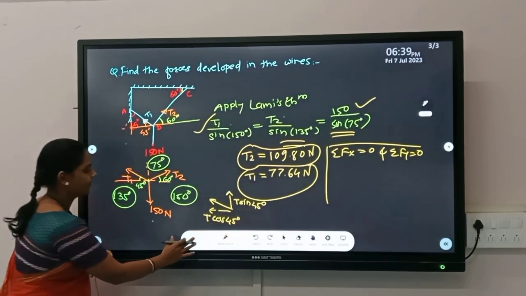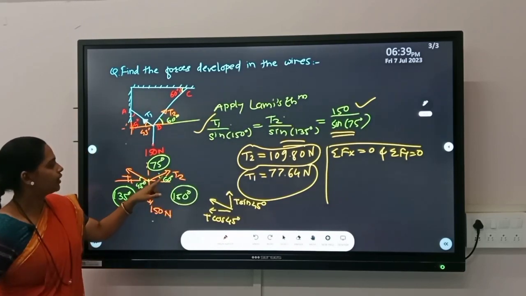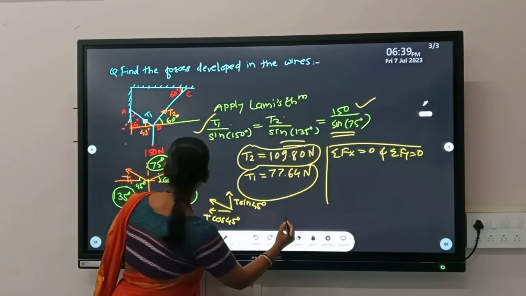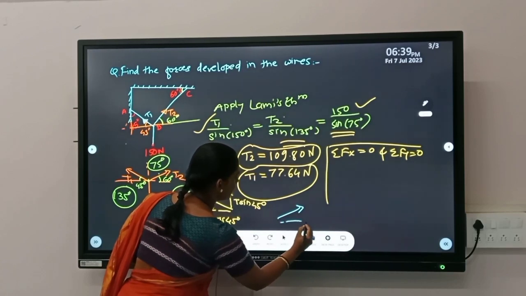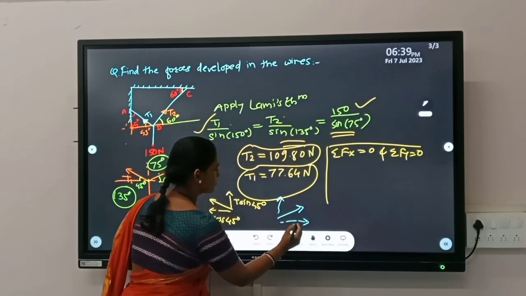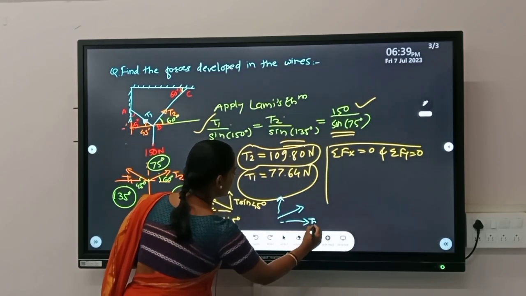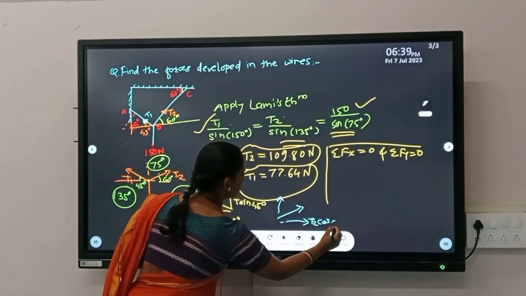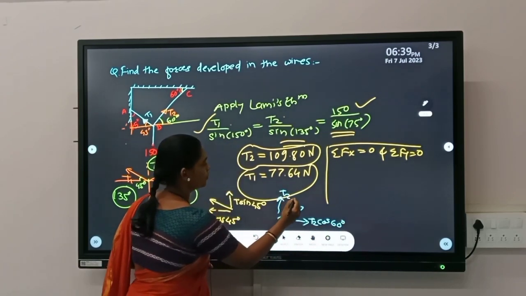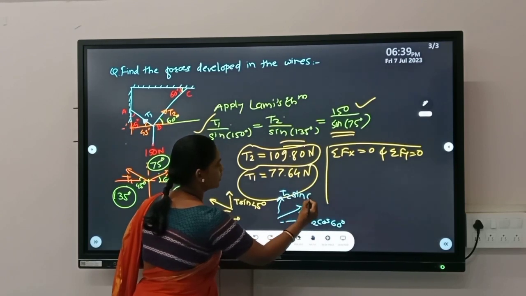Then again resolve this particular T2, which is like this, so its components will be in these directions. This is T2 cos of 60 degrees and this is T2 sine of 60 degrees.